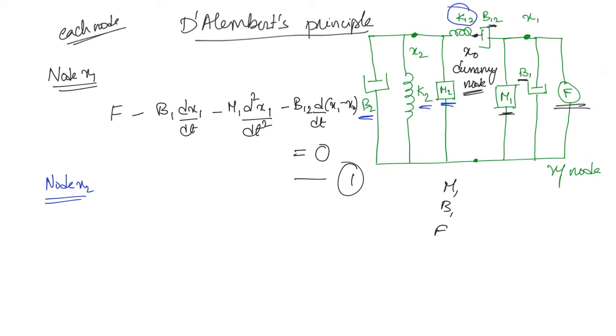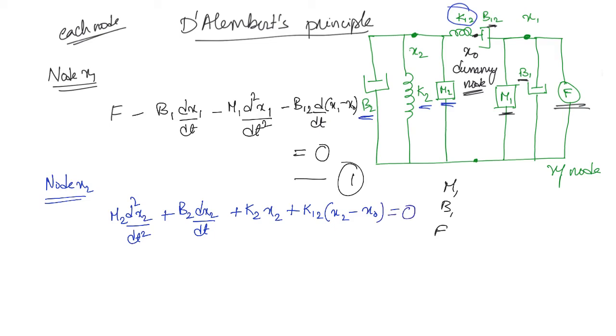So you have M2 d square x2 by dt square plus B2 dx2 by dt plus K2 x2. These are the elements connected between x2 and reference. Now K12 is connected between x2 and x0, so you will write K12 times x2 minus x0. So this is equal to 0.